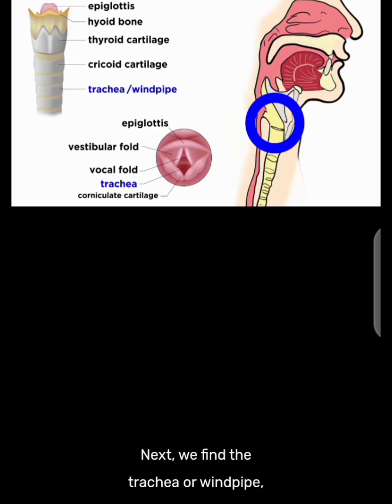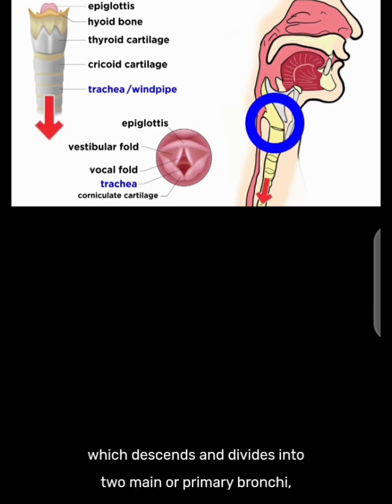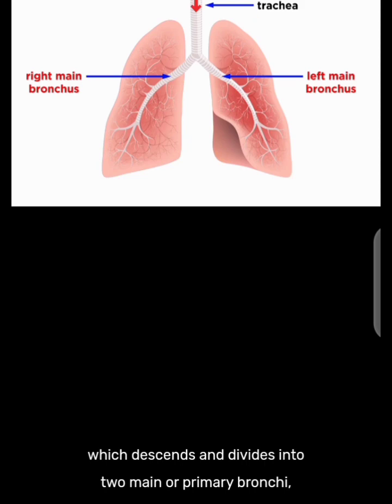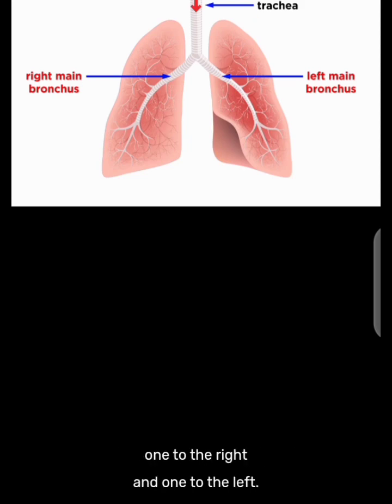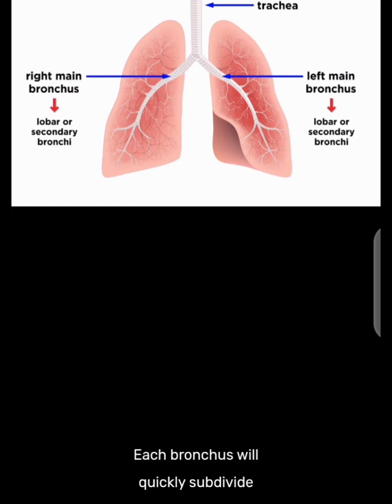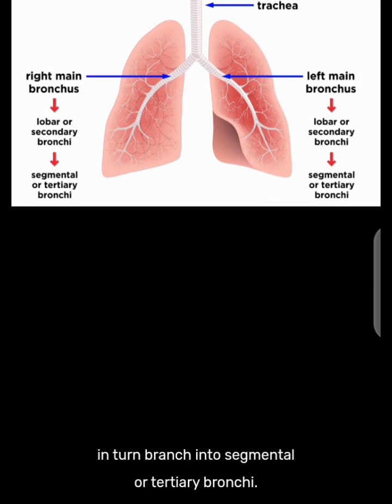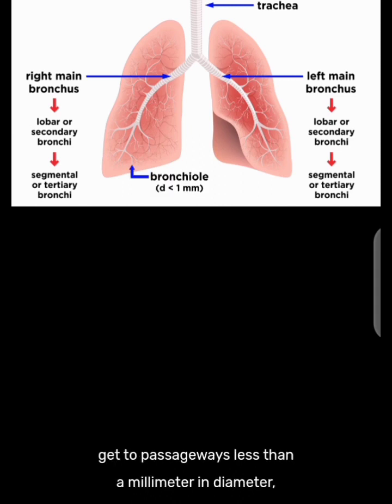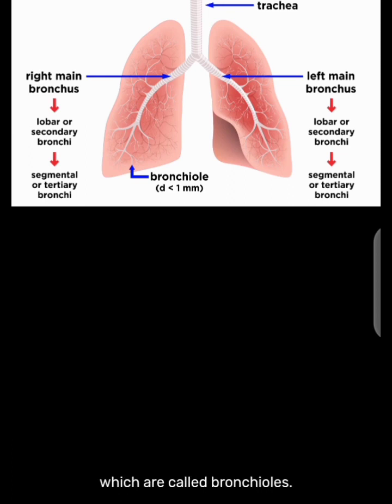Next, we find the trachea, or windpipe, which descends and divides into two main or primary bronchi, one to the right and one to the left. Each bronchus will quickly subdivide into lobar or secondary bronchi, which in turn branch into segmental or tertiary bronchi, and this continues even further until we get to passageways less than a millimeter in diameter, which are called bronchioles.